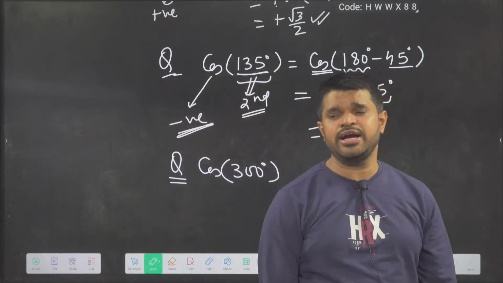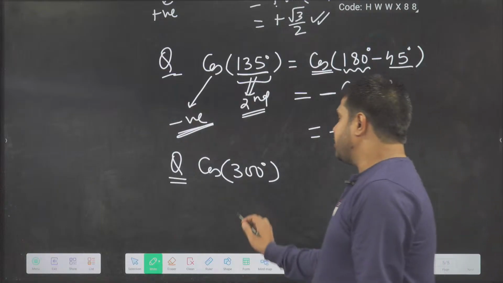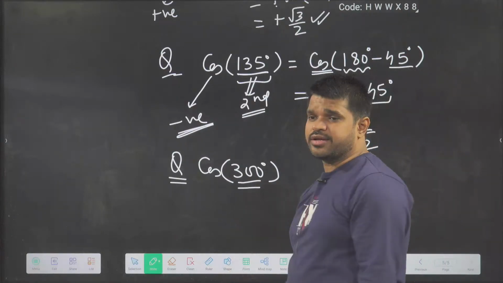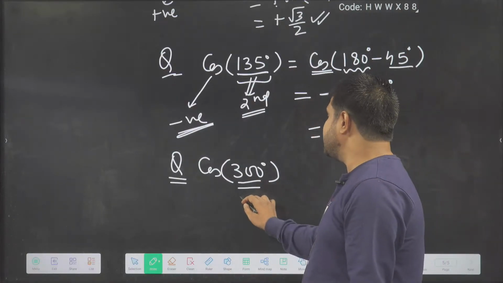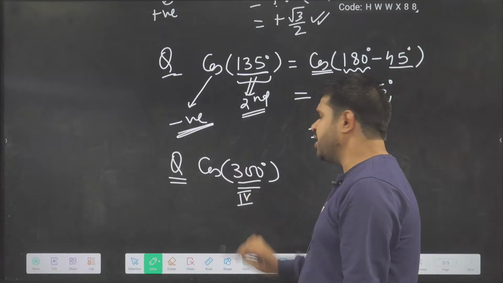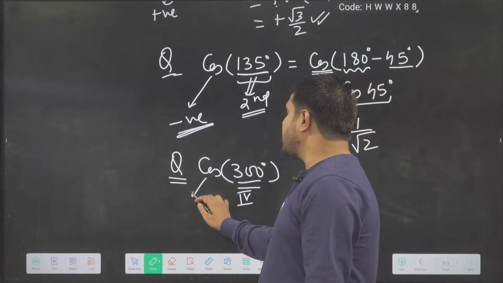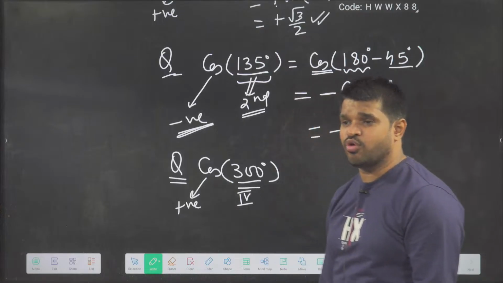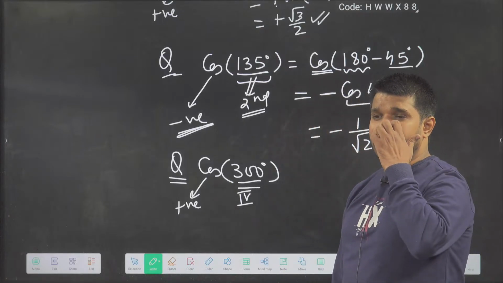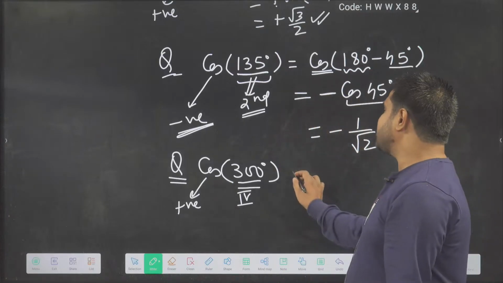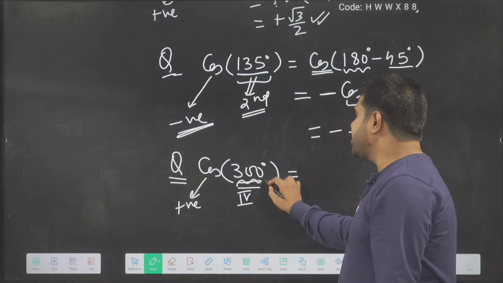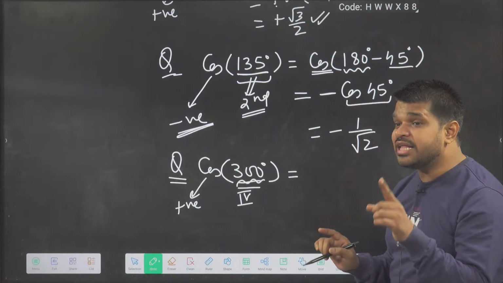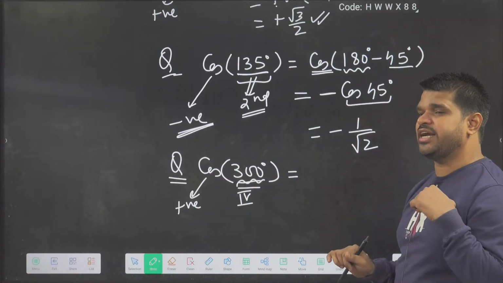Cos 300 degree. Okay, 300 is which quadrant? 300 is fourth quadrant. Okay, in fourth quadrant our answer will be positive because cos is positive. So first of all let me write 300 either using 360 or 180.